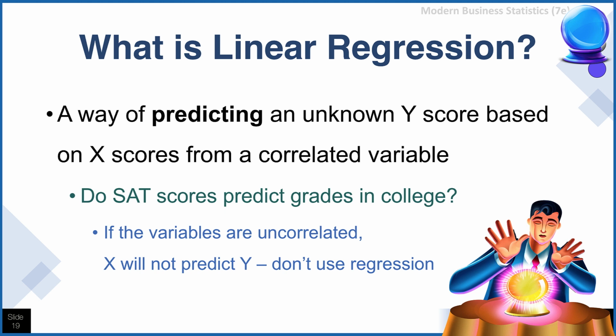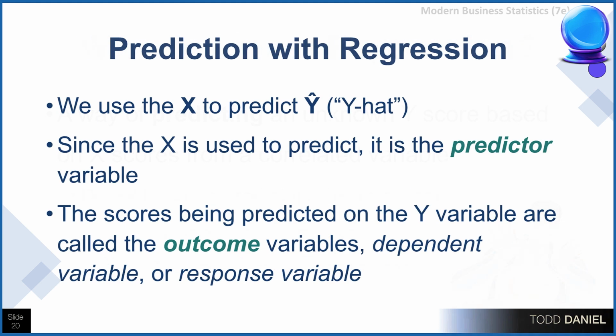Now, if those variables are uncorrelated, if the correlational coefficient between them is close to 0, then X will not predict Y. So there would be no reason to do a linear regression on uncorrelated or unrelated variables. If, however, there is a correlation, we could use the X value to predict Y. And we will represent a predicted Y value as Y hat.